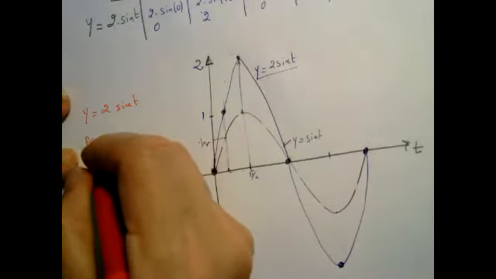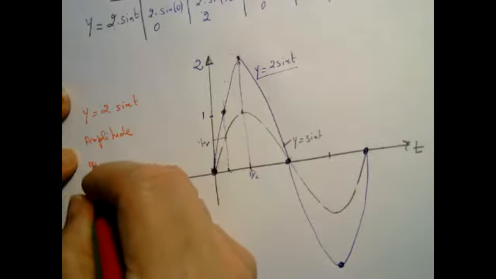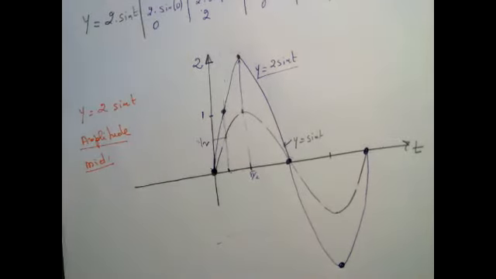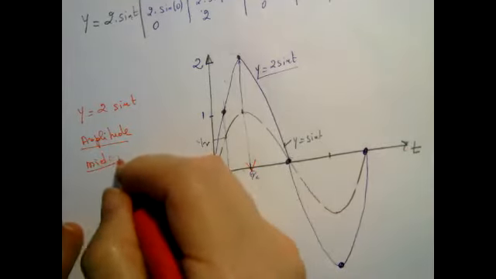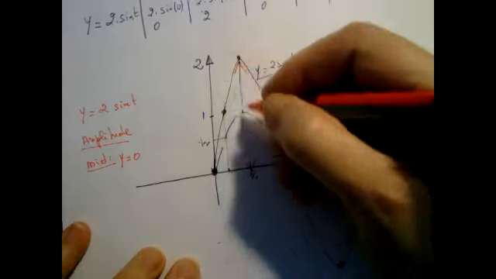So what's going to be the amplitude in this case? Now, the midline will not change, y equals 0. But what is going to be the amplitude? Quickly, the amplitude is going to be from here to here.